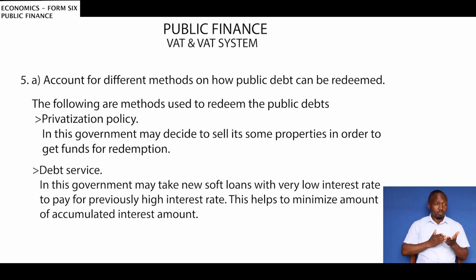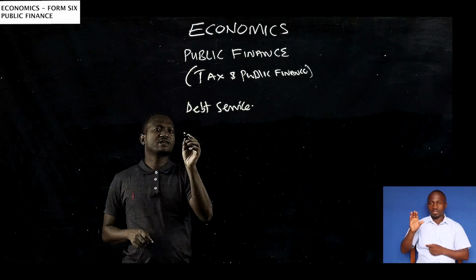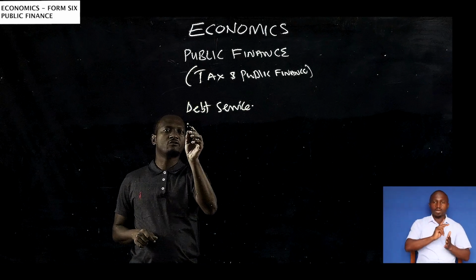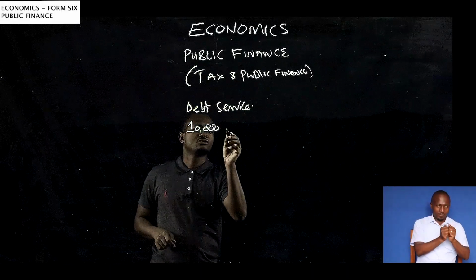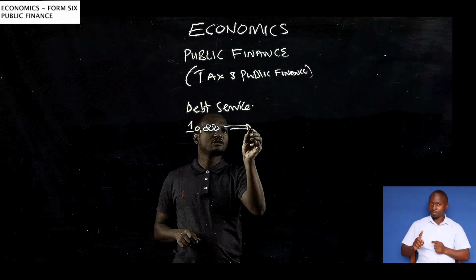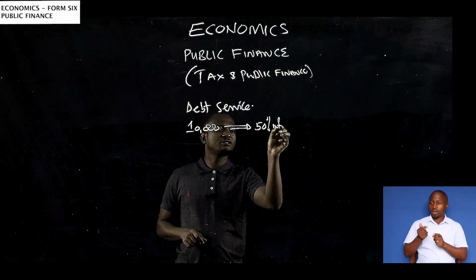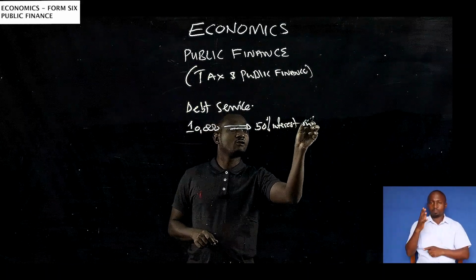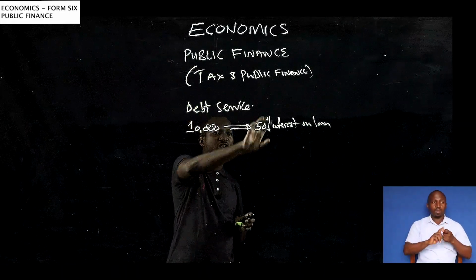Through this debt service, let's say the government is to pay a loan of 10,000, with maybe 50% interest on the loan, so the government is required to pay 50% of the loan.